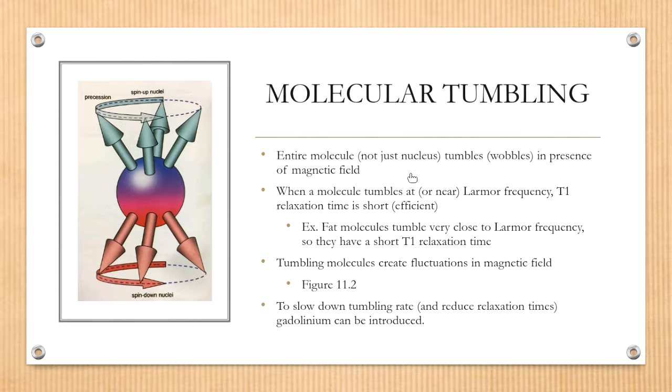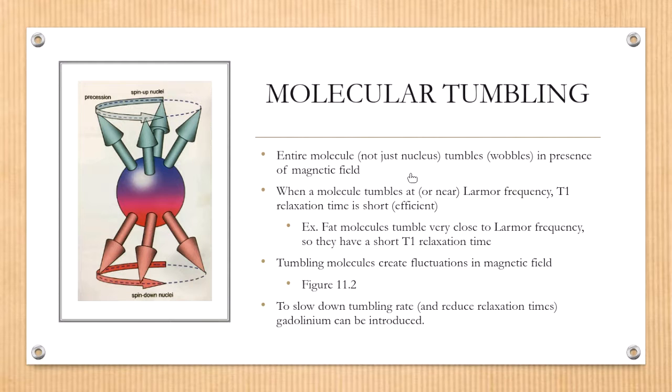On the top left-hand corner image, the water molecule is aligned with B naught, so it is parallel. To the right of that, the molecule is now perpendicular, facing to the right of B naught, the main magnetic field. The next picture down, the bottom right corner, the hydrogen and oxygen molecules are pointing down, or anti-parallel. And then to the left of that, the bottom left corner image, the water molecules are pointing left and perpendicular to the main magnetic field.